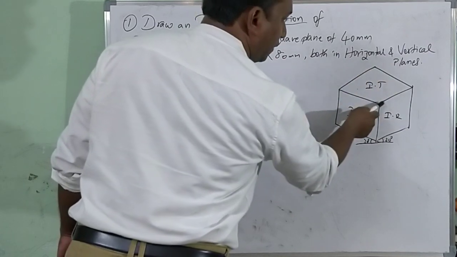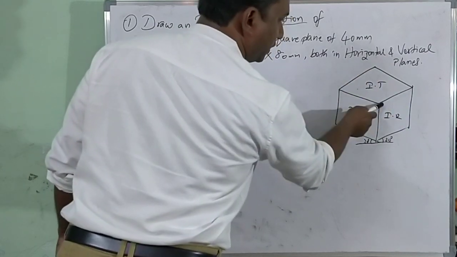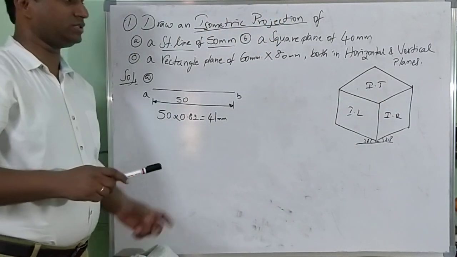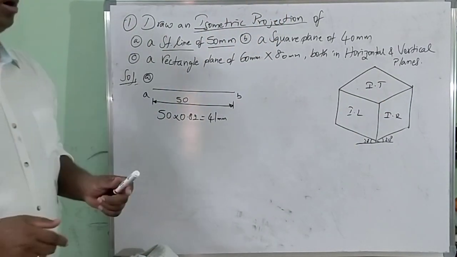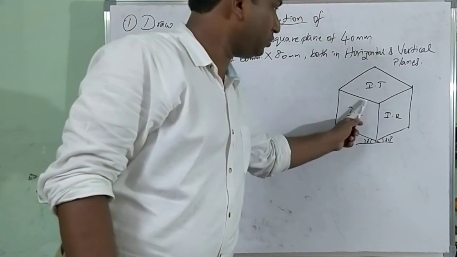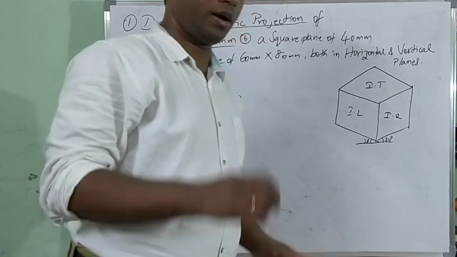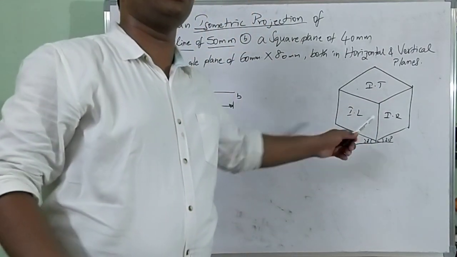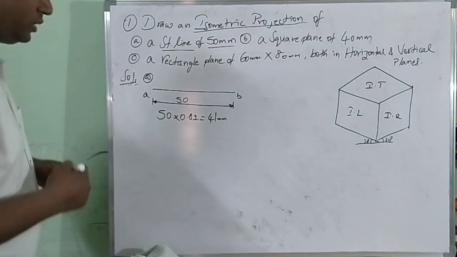In horizontal we have two lines, length and breadth. Length we can draw a line, breadth also we can draw a line. You have to remember this. A line can be drawn in three ways: with respect to horizontal 2, with respect to vertical 1. I am talking about only a line, but here we have determined this with respect to planes.